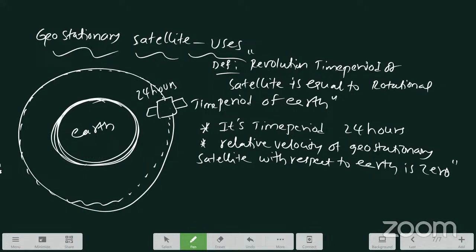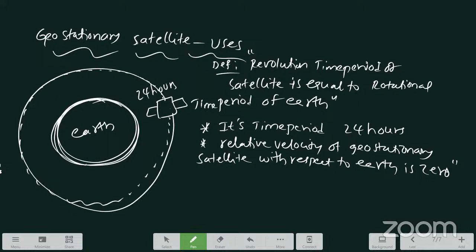First of all, geostationary satellite. Geo is nothing but Earth. For example, Earth is rotating like this, and the satellite is also rotating. Earth takes 24 hours for one complete self-rotation, and the satellite takes 24 hours to complete one circular path.